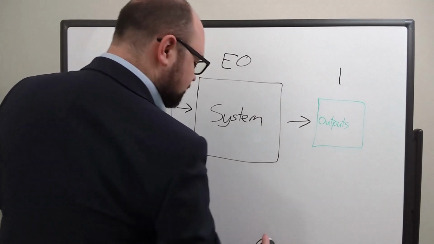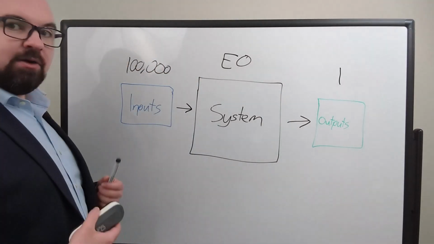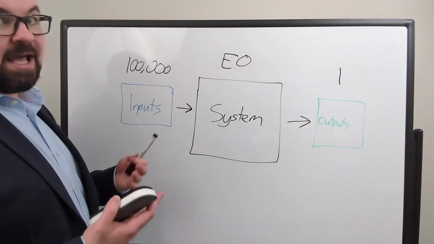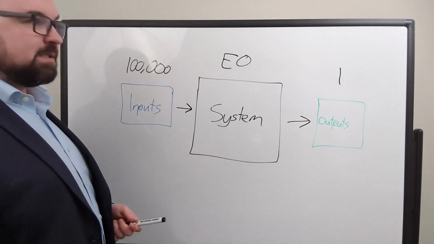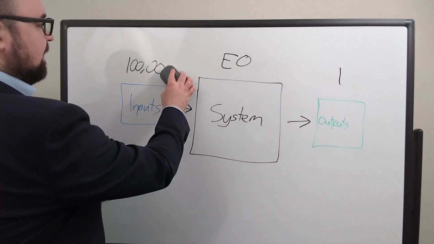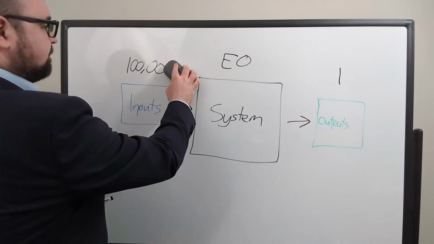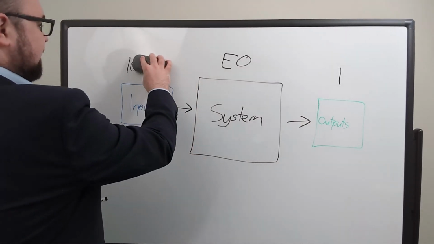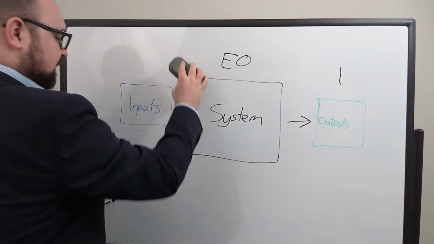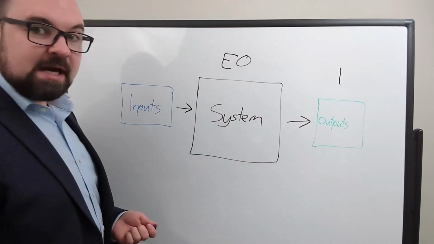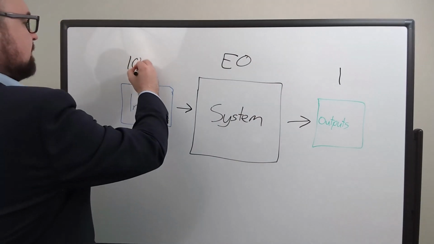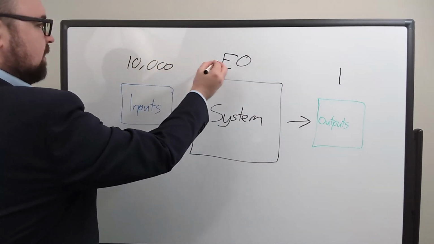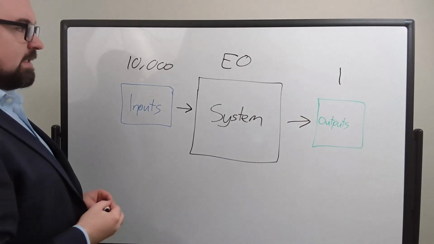So we can actually reduce this down. So instead of 100,000 people, which potentially at some stage might be possible, let's say we get 10,000 people. So let's say now we've been a bit more targeted with who we're going after. Now we have 10,000 people going through our email outreach system, which is now optimized.